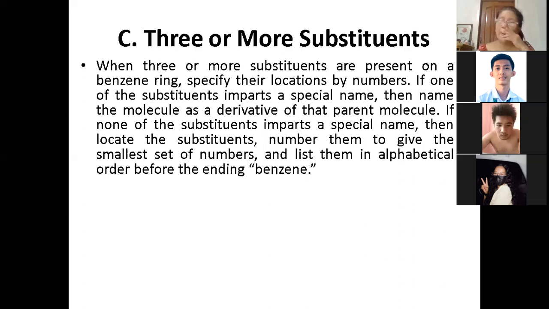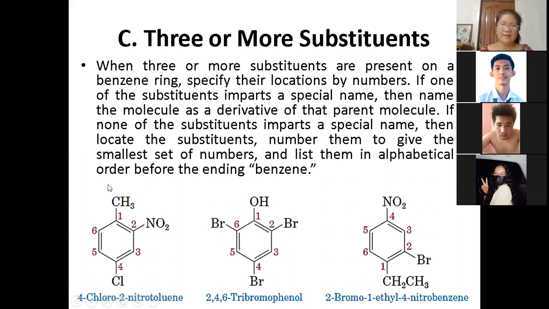For instance, bromochloroethylphenol: you start with bromo, 2-bromo, 3-chloro, 4-ethyl, then phenol, like that. So let us have an example for this. For instance, here.